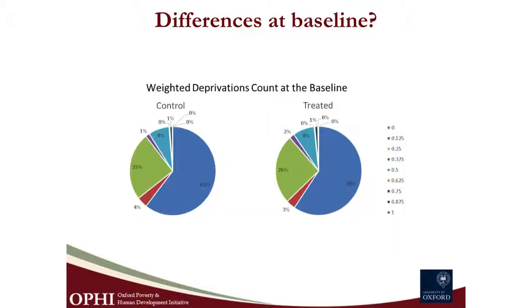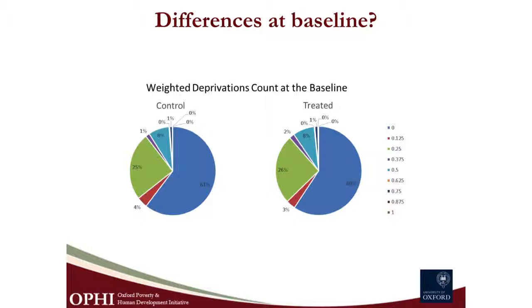Finally, I look at the distribution of the deprivations at the baseline. The pies are the size of the treated group and the control group, and each slice is the percentage of people that have a deprivation share within a certain interval.